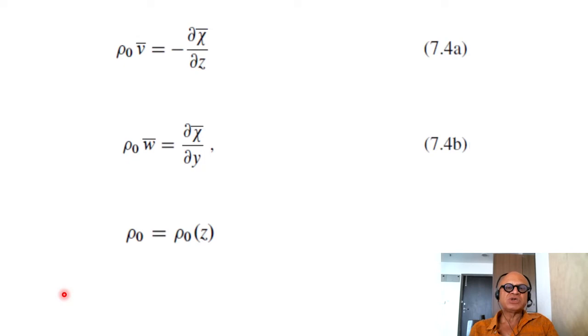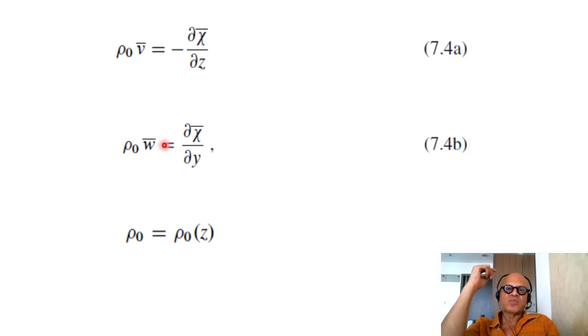Without going through the derivation, we again do the zonal averaging to look for meridional mean terms. So we take rho 0 as a density profile that only varies in the vertical. So rho 0 is a function of height, and we get the meridional momentum term to be some stream function that basically gives us the vertical profile, and obviously the meridional circulation is tangential to that, so minus del chi bar del z.